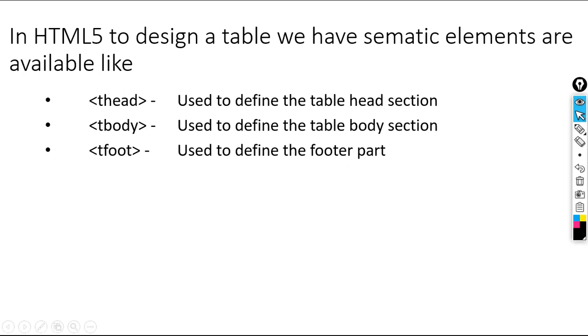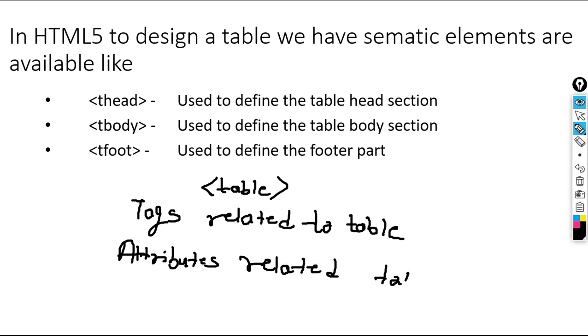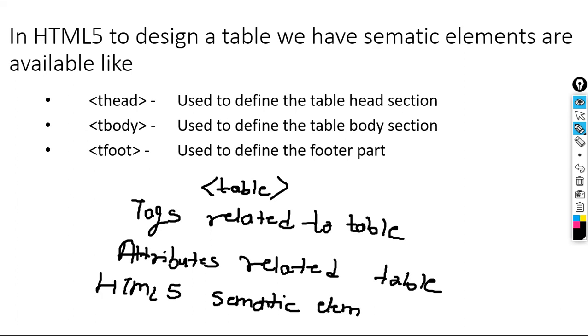Understood? So today we have learned why we use the table tag and the tags related to a table, and we have understood attributes related to a table, and we have also learned that in HTML5 we have some semantic elements to work with table head, table body and table footer.